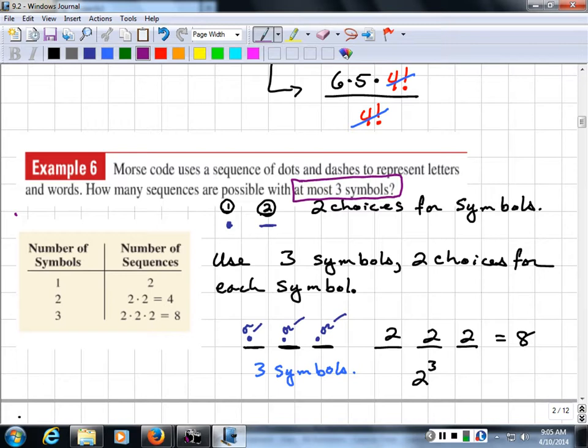If I use 1 symbol, how many sequences could I get? Just 2. It's either a dot or a dash. If I use 2 symbols, 2 and 2, that's going to be 4. So how many total possible sequences could exist if I use at most 3 symbols?